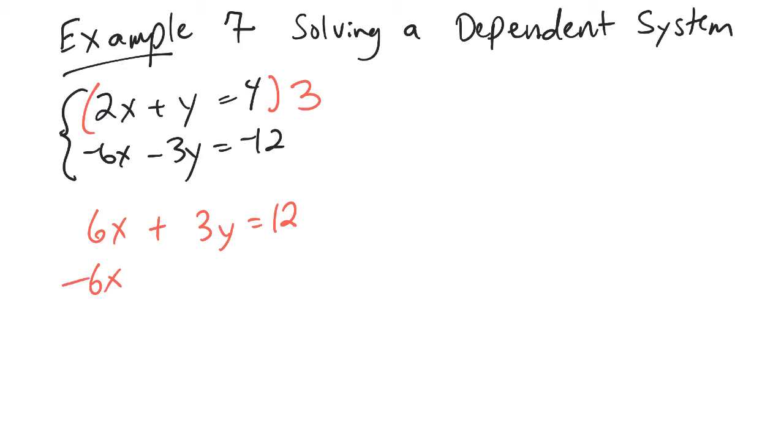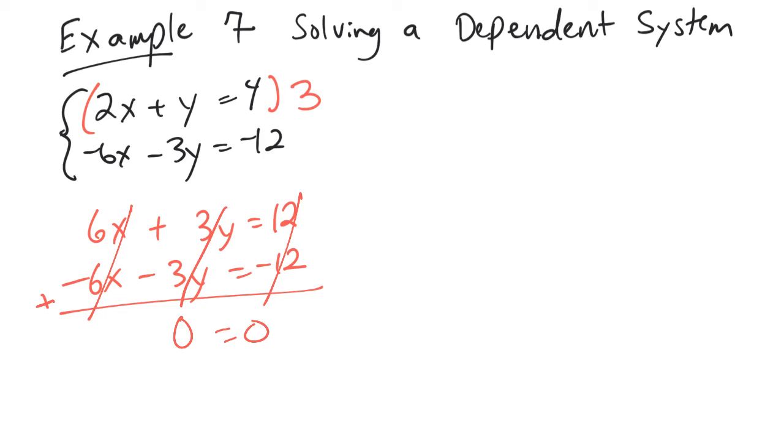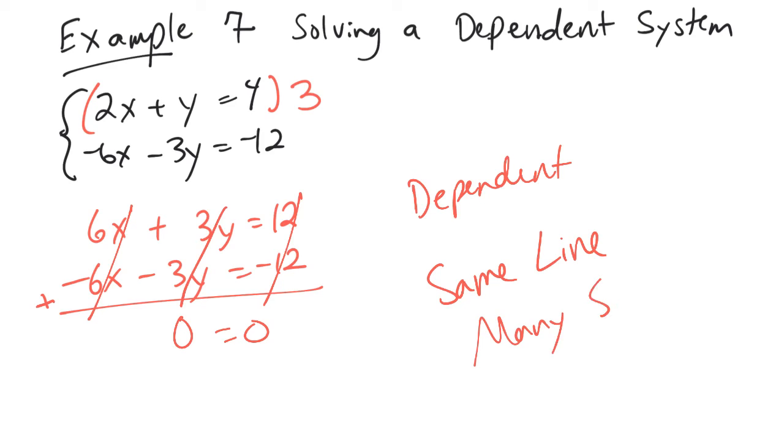And my second one was negative 6x minus 3y equals negative 12. Add these two equations together, and we're going to notice everything cancels out. So we have that 0 equals 0. That is when it's a dependent system, which means it's the same line and it's many solutions.